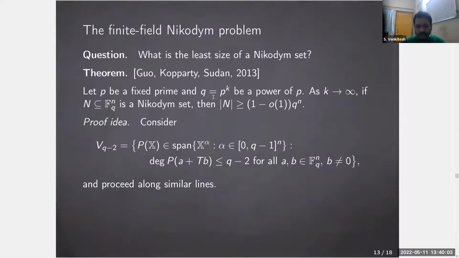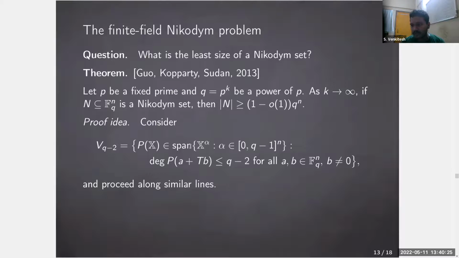The only restriction is, of course, the one coming from the Nullstellensatz: the space of all polynomial functions such that when restricted to any line, the degree is at most q minus 2. Obviously, every polynomial with total degree at most q minus 2 is here, but there are many more. That's what we would like to explore.